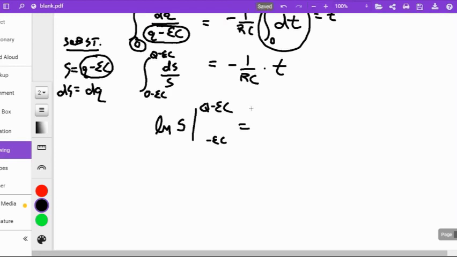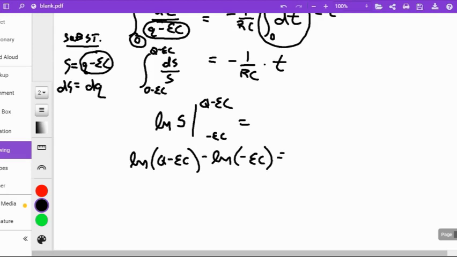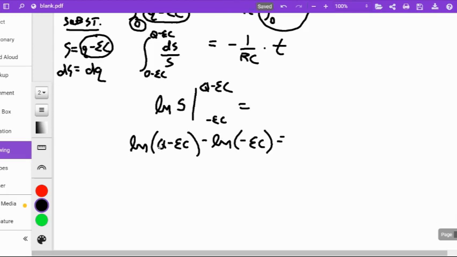And then you proceed. I'm not going to write the right-hand side because I don't need to. It's still there. So I would do natural log of Q minus EC minus natural log of minus EC. And you have to remember that when you subtract logs, it's the same thing as the natural log of the quotient.